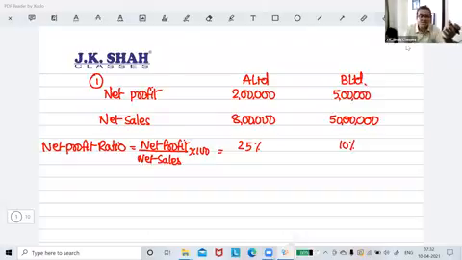Correct? See, in student life also, other than this, you must have experienced one ratio always. The whole student life you fight for that ratio. Percentage of marks obtained.